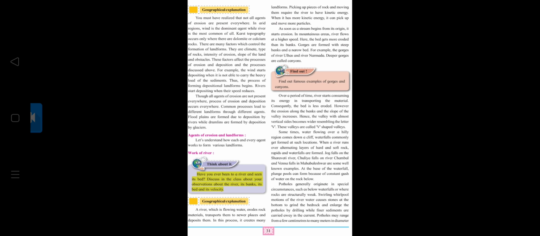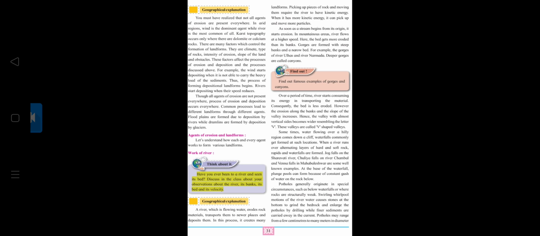Now, agents of erosion and landforms. Let's understand how every agent works to form various landforms. The one highlighted again is not there, and find out also is not there actually. Find out famous examples of gorges and canyons.